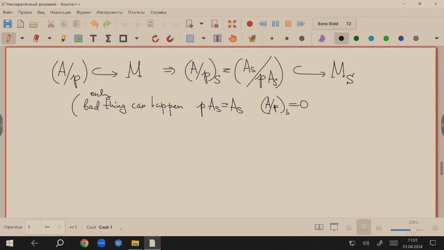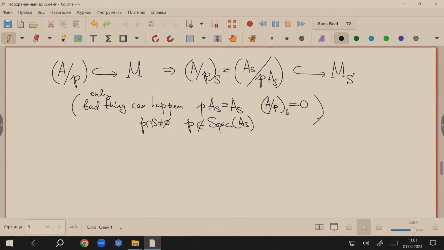So this is the case that P is not in the spectrum of A_S, and this is the case when the intersection of P and S is not empty. Yeah?